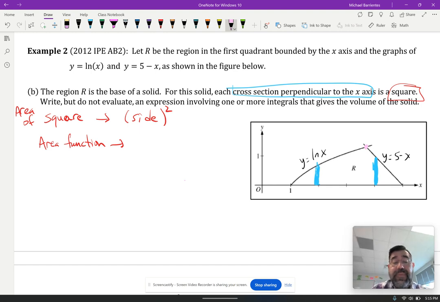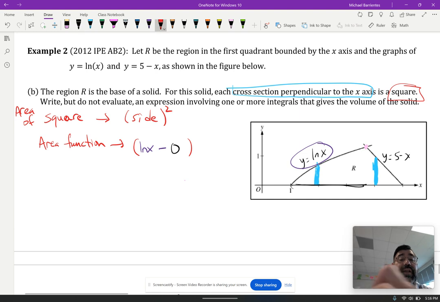And so one of them will be, let's do this setup first. Let's do the first part. From 1 to wherever that intersection point is, this is the top, this is the bottom. So I'm going to say, let's color code this, natural log of x minus, and then the bottom here is just 0, squared.